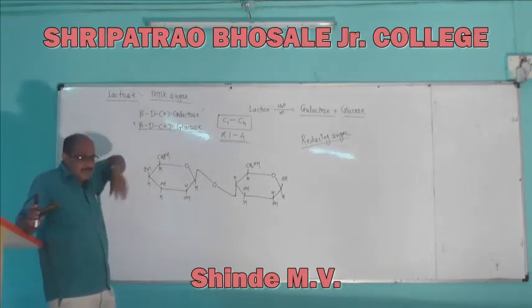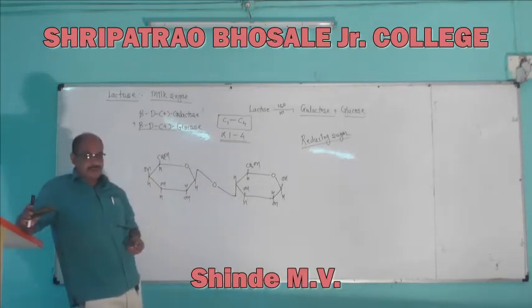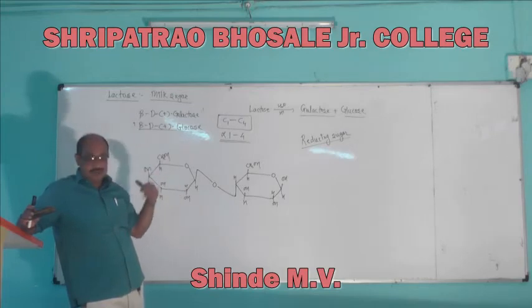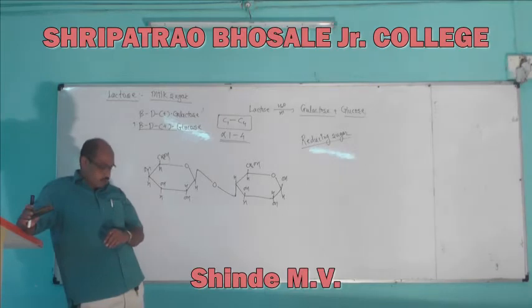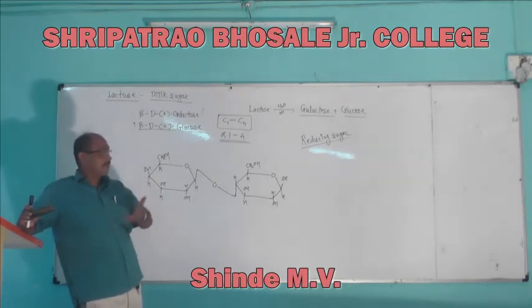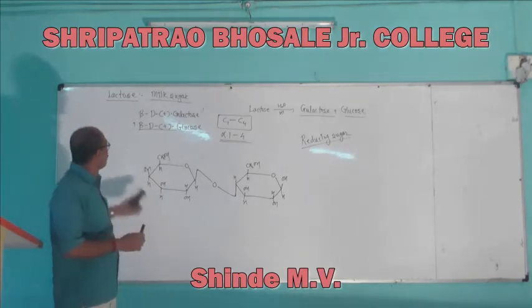Among these disaccharides, sucrose is non-reducing in nature, and maltose and lactose are both reducing in nature due to the presence of a free aldehyde or carbonyl group.